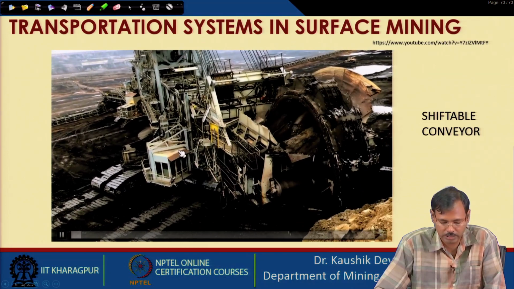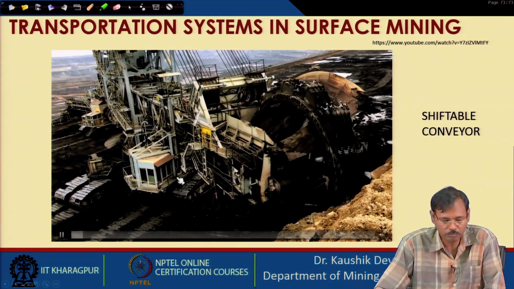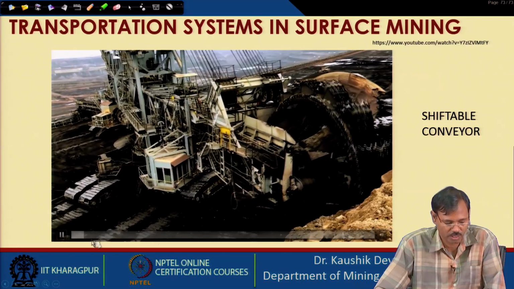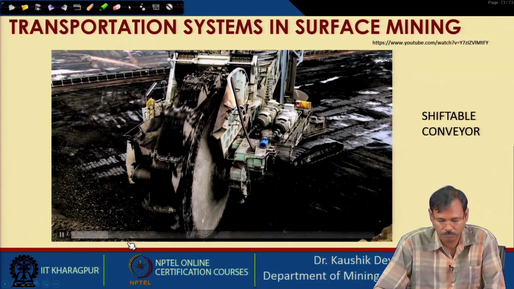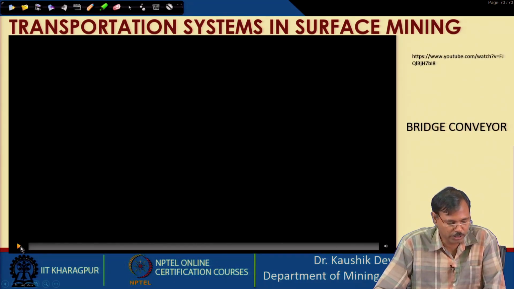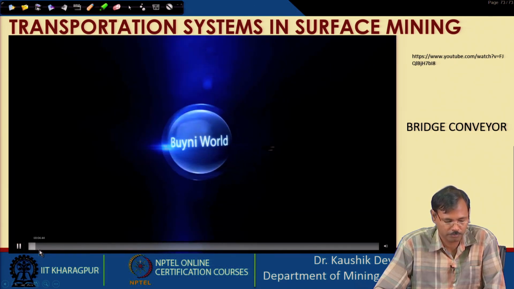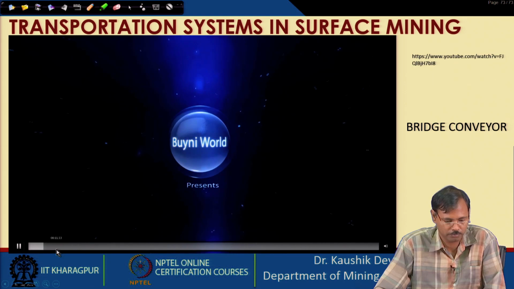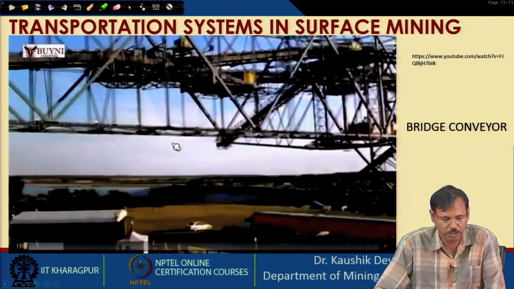Behind this, the shiftable conveyor is working, and this is a bridge conveyor.